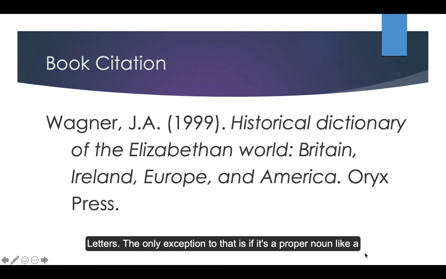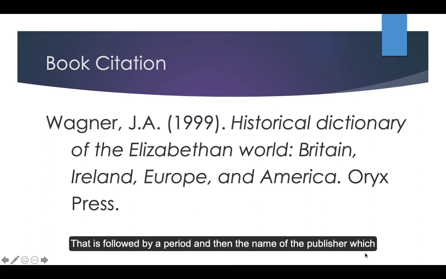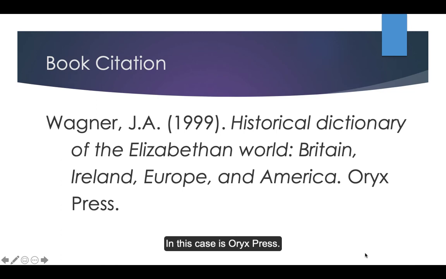The only exception to that is if it's a proper noun like a name, or when you have a subtitle as we do here, the word Britain, which is the first word of the subtitle, is capitalized. And normally everything after that would be lowercase, except everything that follows this one are all proper nouns, so they do need to be capitalized. That is followed by a period, and then the name of the publisher, which in this case is Oryx Press.